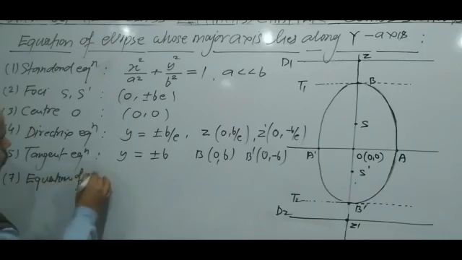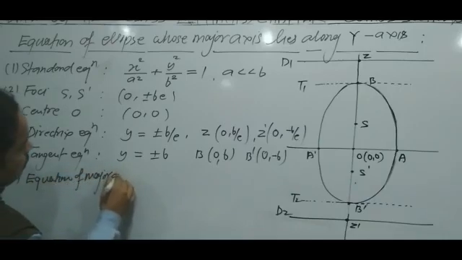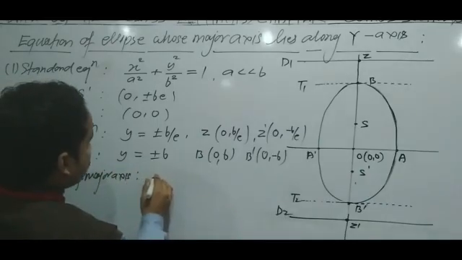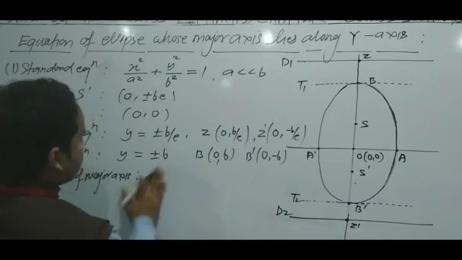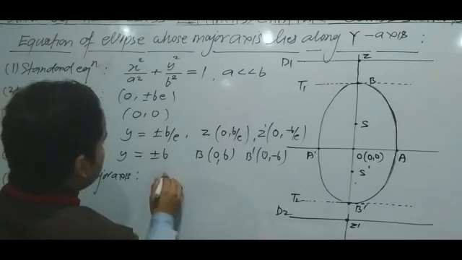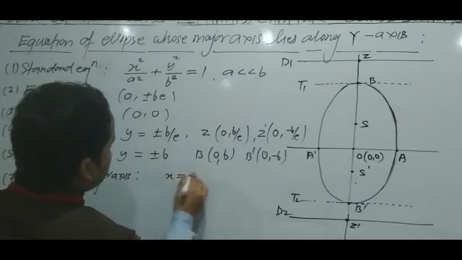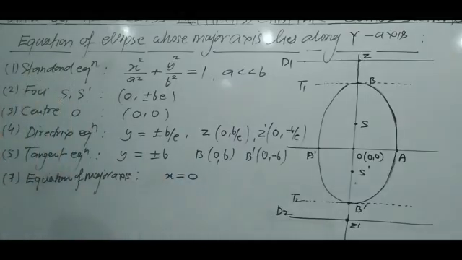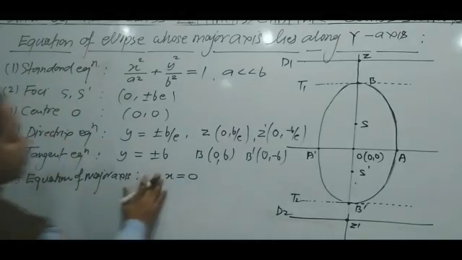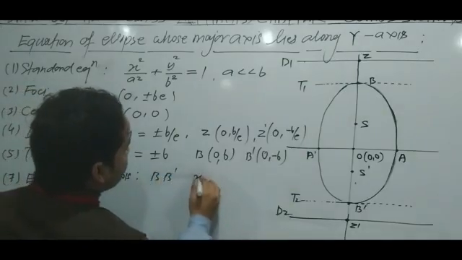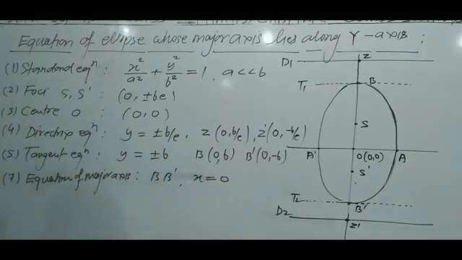Equation of major axis, that is BB dash, and equation of major axis will be that is x is equal to 0. Equation of major axis is BB dash, that is x is equal to 0.